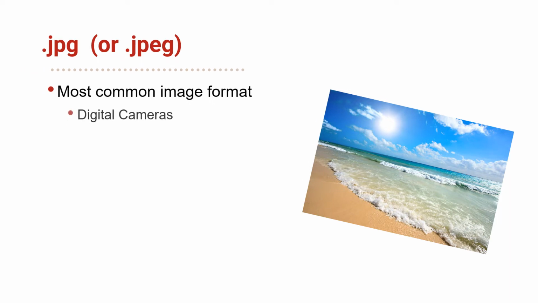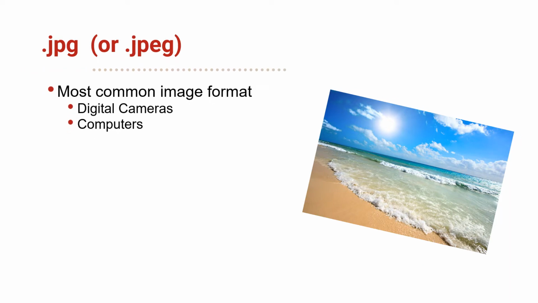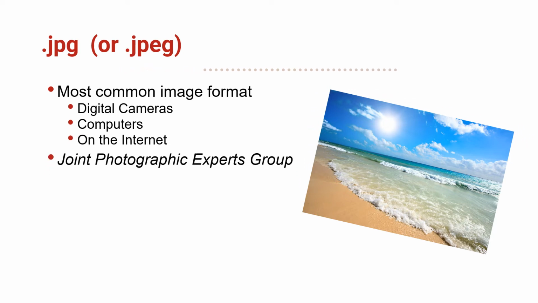The next file type is the JPEG file. It's the most common image format used in digital cameras, different computer operating systems, and on the internet. This file extension stands for Joint Photographic Experts Group format. And when you take a photo with a digital camera or your cell phone, you're usually creating a JPEG file.